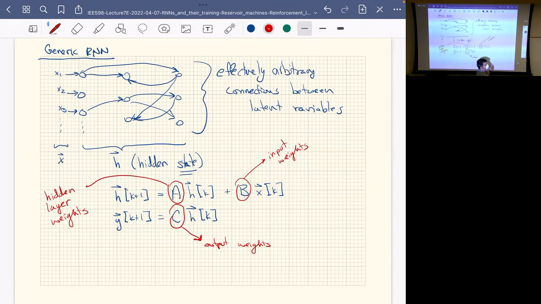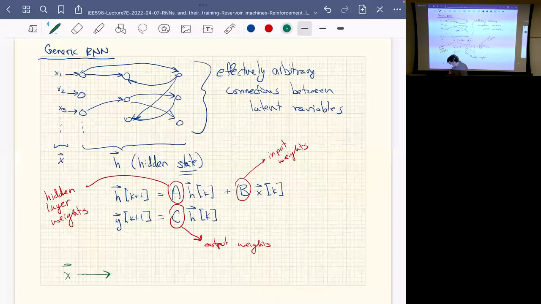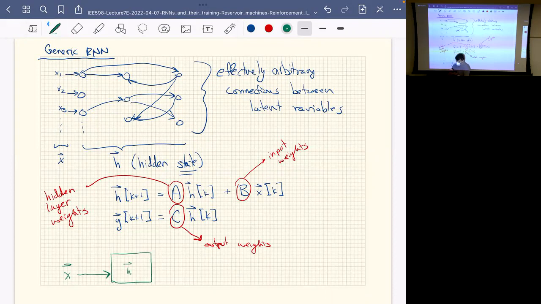All right, so any questions? If you wanted, I could draw this symbolically. I've got my input vector. It goes into this hidden state, which produces some output via the C transformation, but then the next hidden state depends upon the input vector as well as past versions.